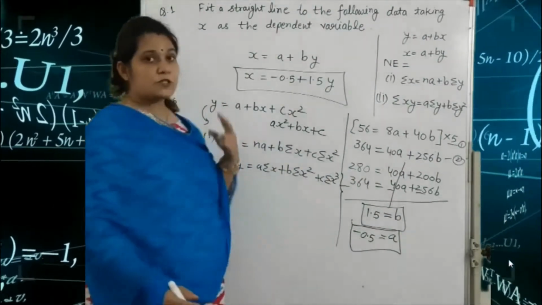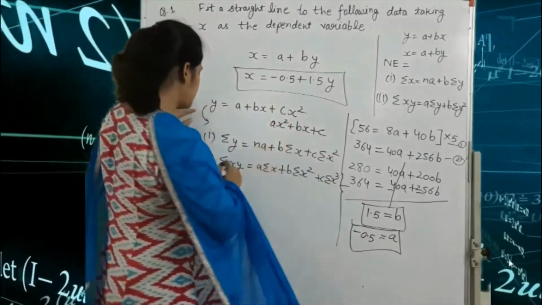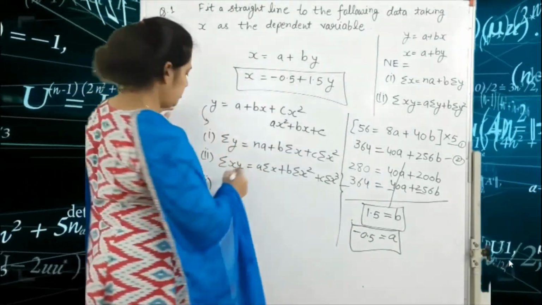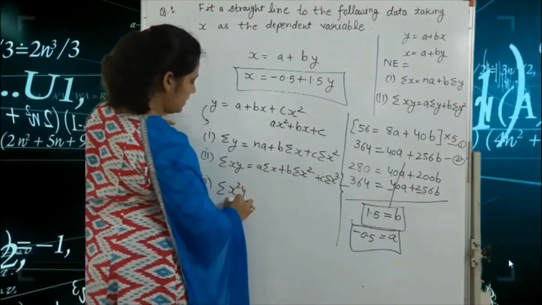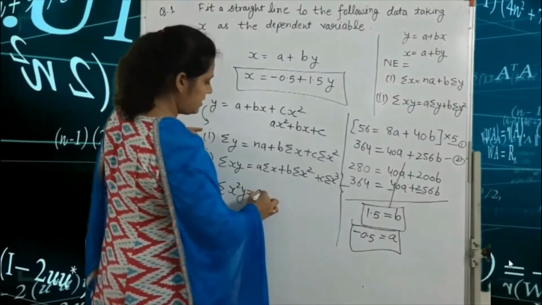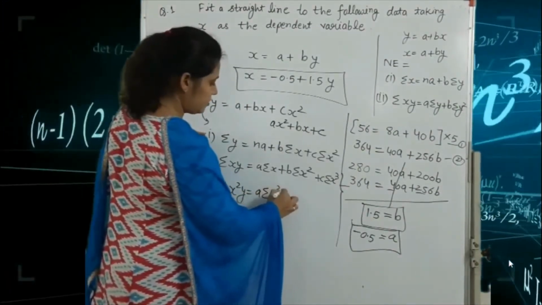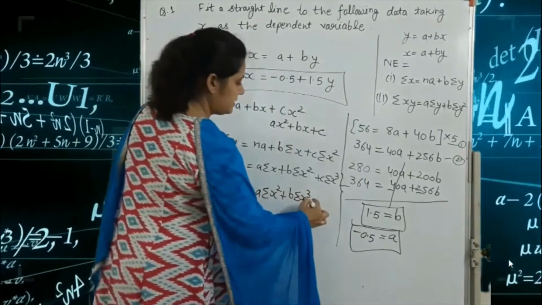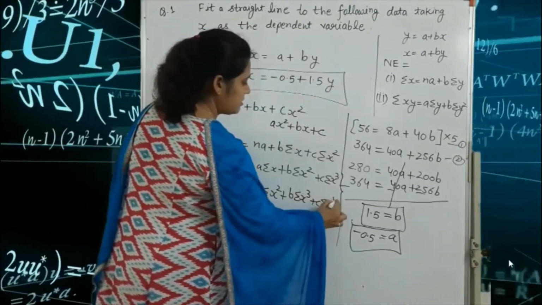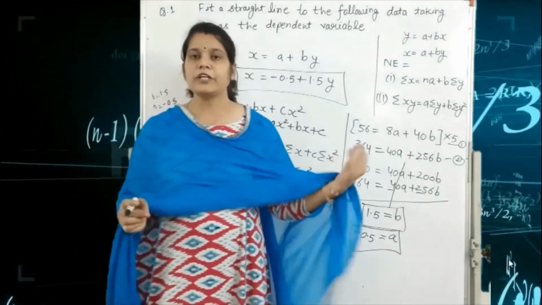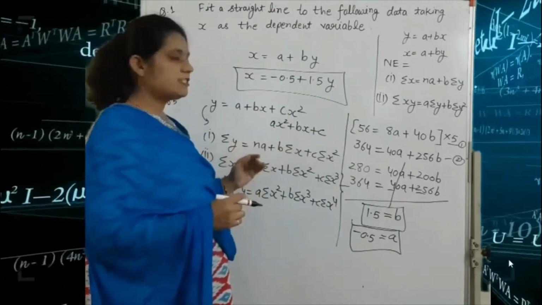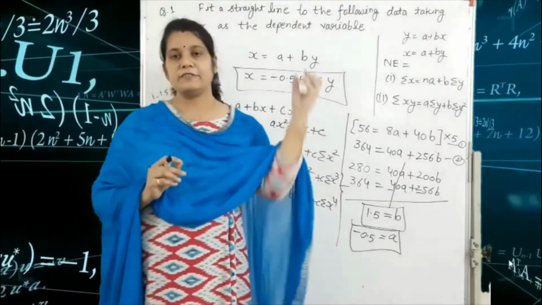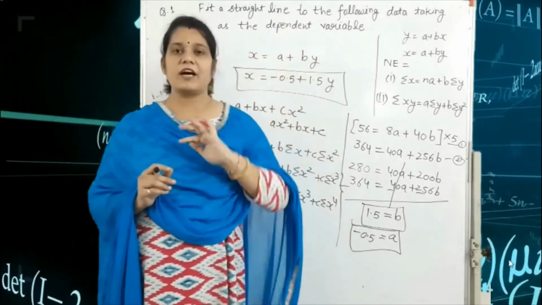Okay, but here are two normal equations. So the third one is what? Again multiply by x. Okay, so here summation x square y is equal to a summation x square plus b summation x cube plus c summation x raised to the power 4. Okay, so these three equations are our normal equations, and we need the columns. In our question, the x and y columns are already given.